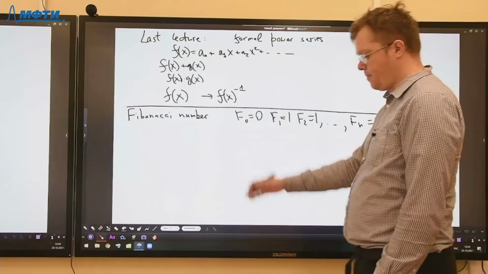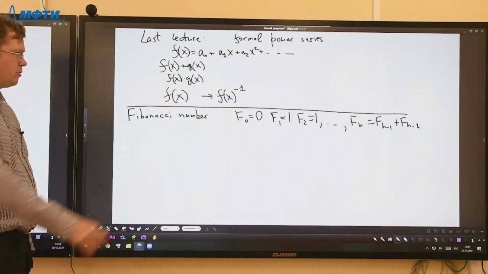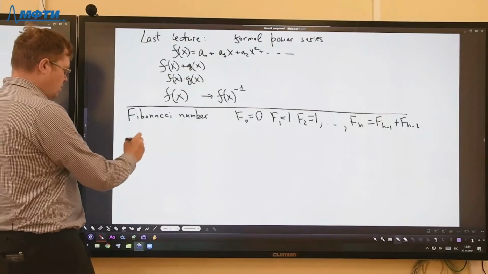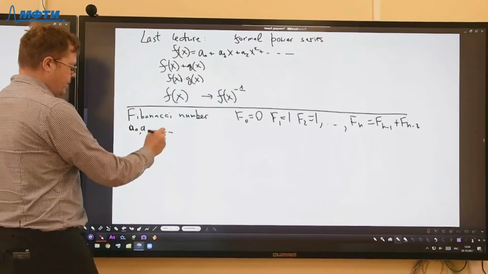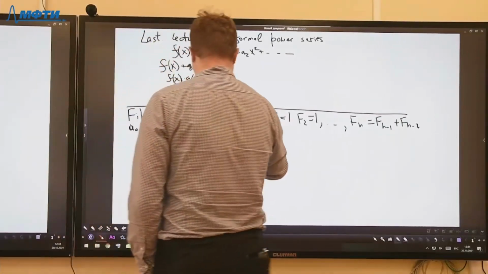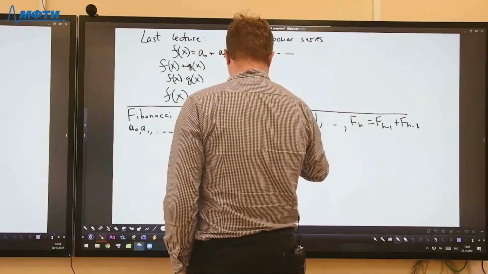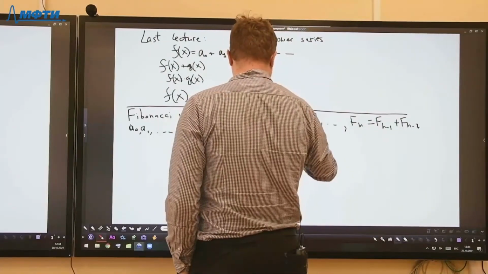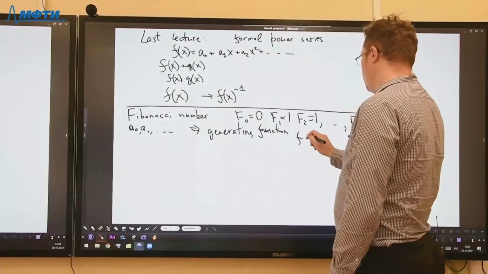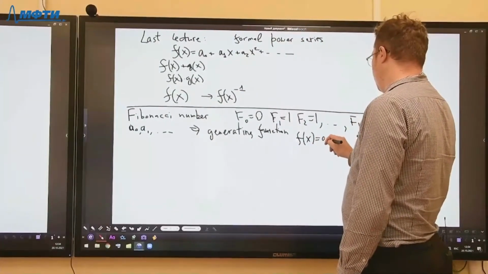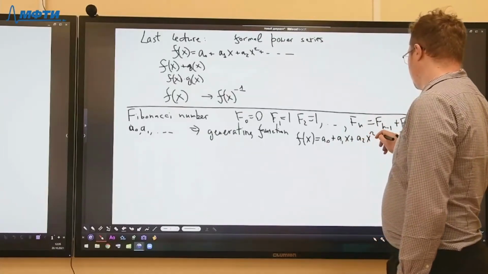So if you have a sequence, we can look at the corresponding generating function. If we have a sequence A0, A1, etc., then we can look at the generating function, which is A0 plus A1x plus A2x squared, and so on.